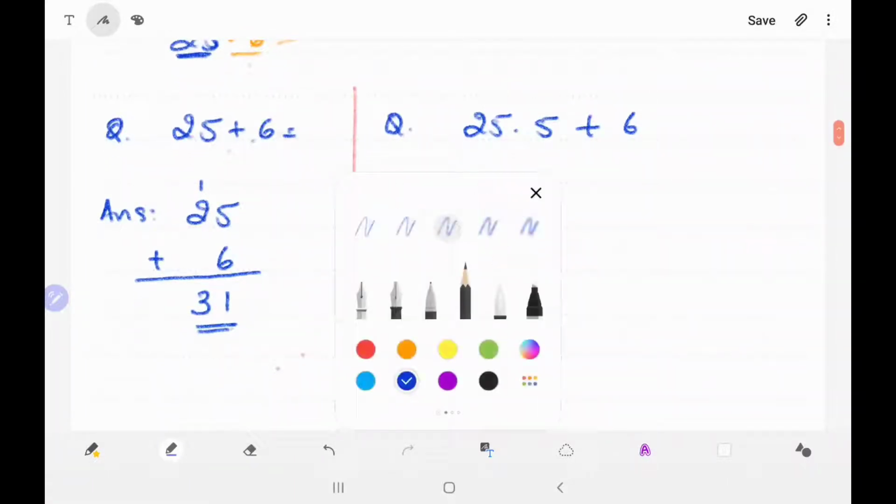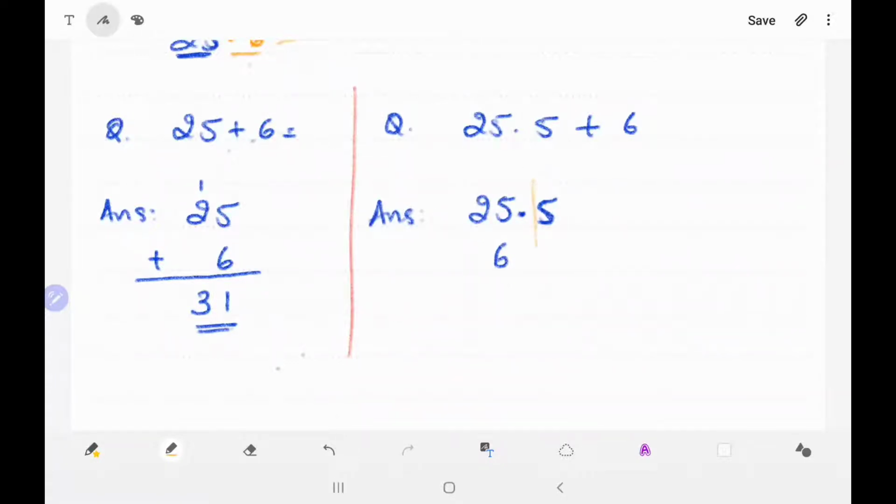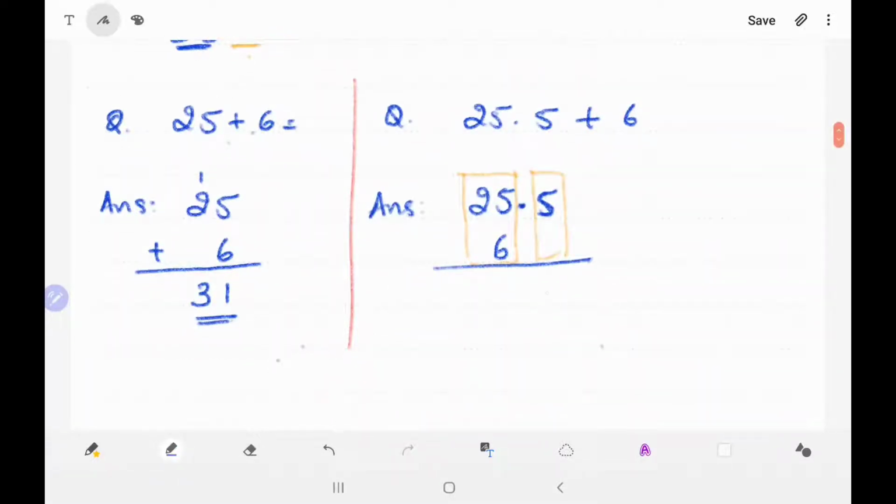Can you see where the decimal point is? This side is a decimal and this side is a whole number, and in between, what makes it decimal is that dot. So now when we add, 5 will come down, the decimal point will come down, and then 5 plus 6 is 11, carry 1, 1 plus 2 is 3, so the answer will be 31.5.